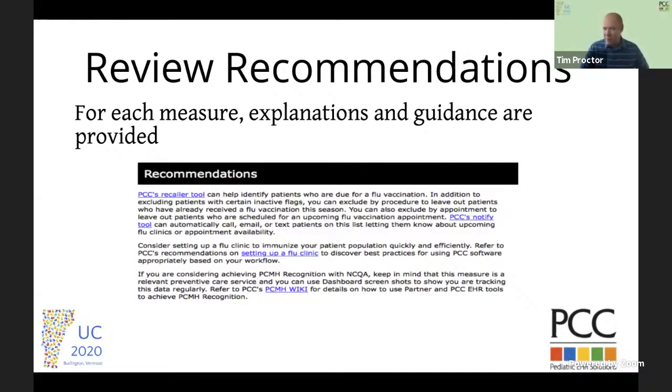We thought that was really important to include, and a lot of dashboards out there for various products don't have that. So you'll see many dashboard pages are fairly lengthy. There's a lot on there, but these recommendations are really key, I think. I urge everybody to check those out, check the links, especially if you're a new PCC practice looking for guidance on how to use our tools and how to improve your performance.